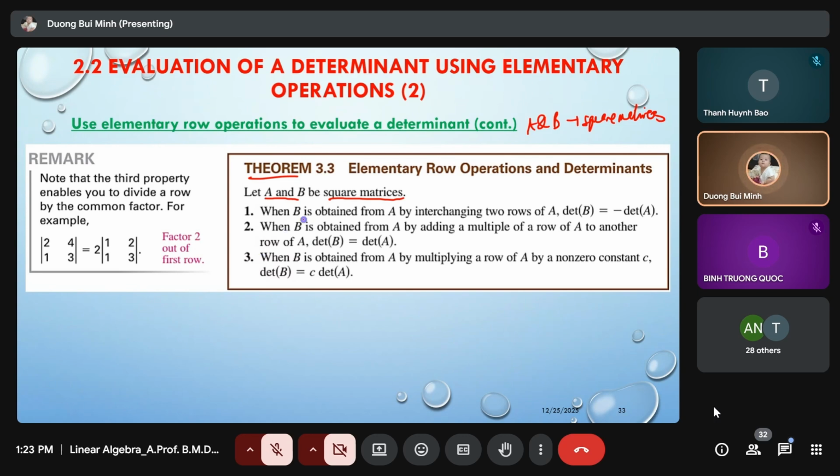When B is obtained from A by interchanging two rows, we conclude that the determinant of B is minus the determinant of A. So if we have A and get B by interchange, we conclude that the determinant of A is minus the determinant of B.